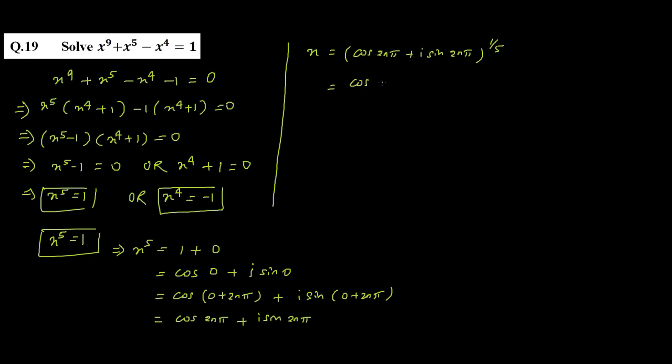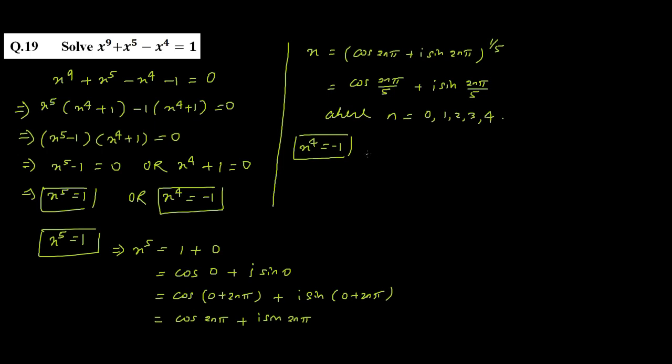This will become cos (2n pi by 5) plus iota sine (2n pi by 5). Okay, what is n? Right here, n is equal to 0, 1, 2, 3, 4. Now let's solve x to the power 4 is equal to minus 1.